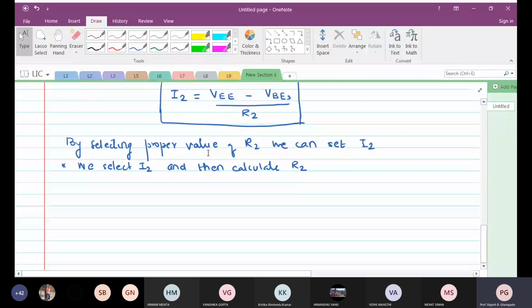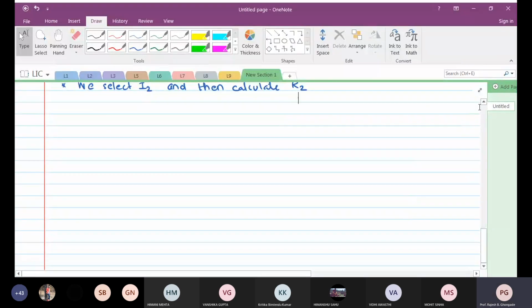So now we have with us a full-fledged differential amplifier. Let us have a look at the big picture, drawing the complete differential amplifier.